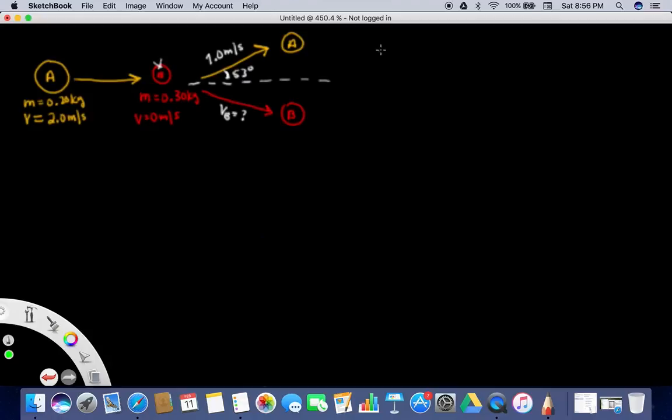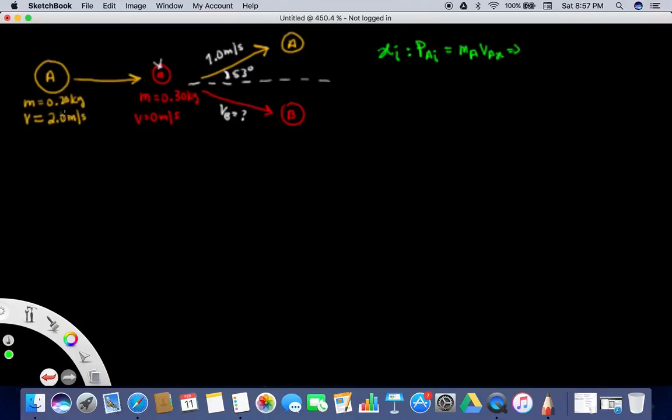We have here the x component initially. So we want to know the momentum of both balls initially in the horizontal component. Let's first find the momentum of ball A initially. The momentum of ball A has to be the mass of ball A times the velocity of ball A in the x component.